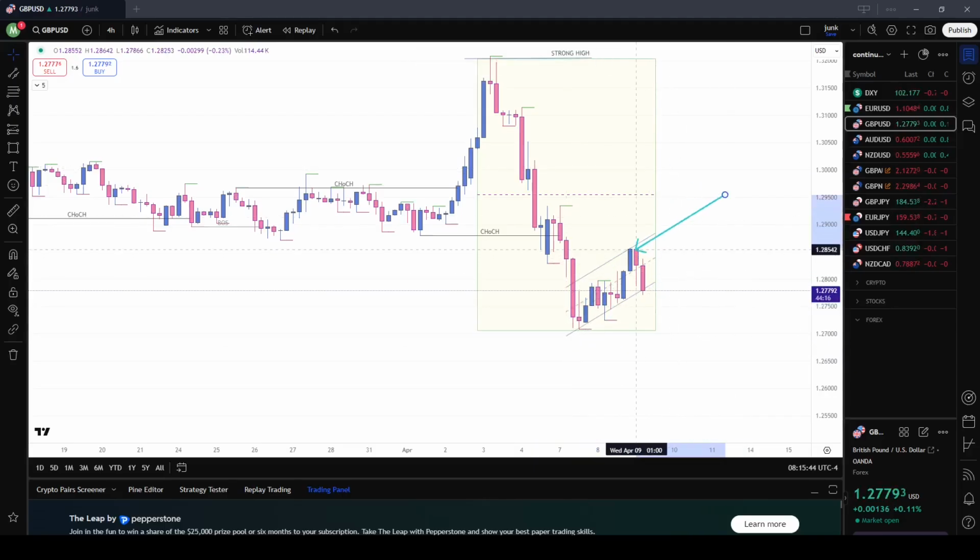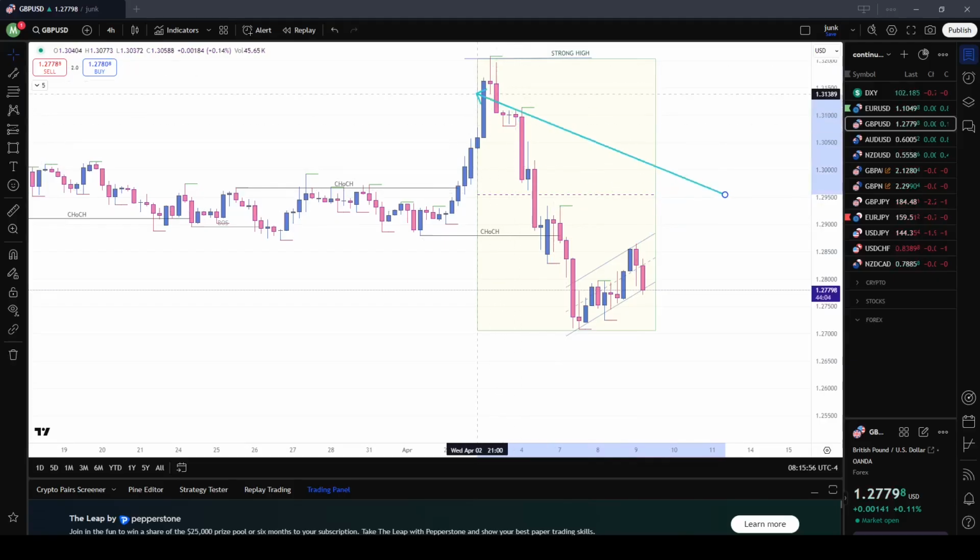If it starts to look like the sellers are stepping back in, looks like they're stepping back in now, so maybe looking for a selling opportunity shortly, but because this looked like it swept all the liquidity sitting above the highs from a weekly perspective, and it looks very bearish, it may not pull back into premium in order to look for opportunity there.